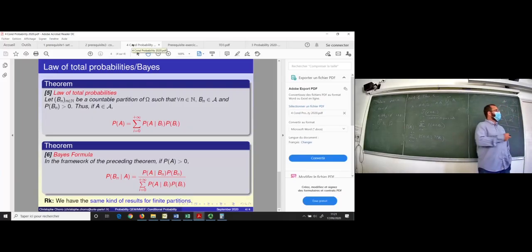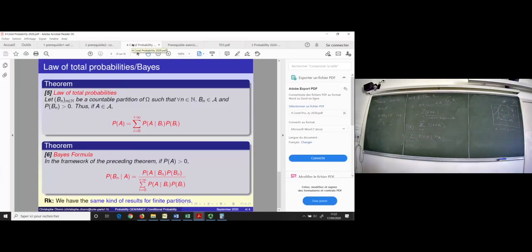Here I have stated the result in the case where I have a countable partition, but as written in the remark, if you have just a partition with a finite number of sets, instead of an infinite sum you will have a finite sum. If you have, let's say, capital N sets, you will have a sum from i equal 0 to capital N. In this situation, you will have a sum from i equal 0 to 4, because I am in the finite case.